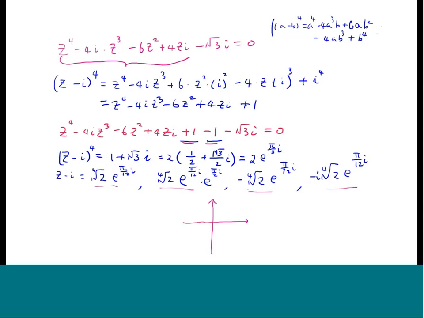So this is how many degrees? It's 45 degrees. So the first one is that one. Let's call these W1, W2. So this is W1.